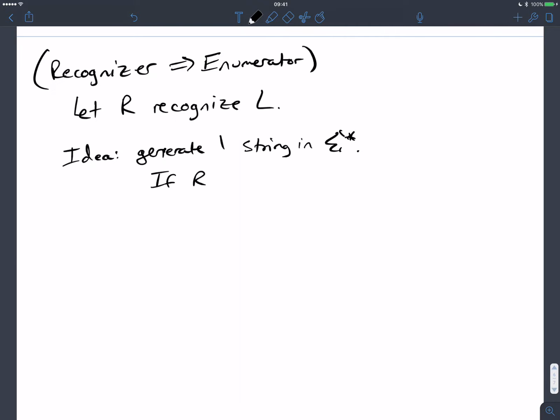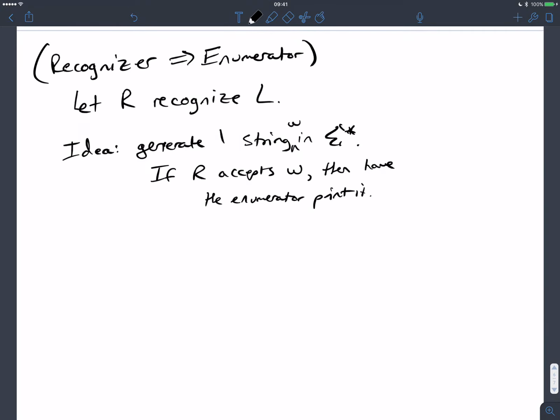If R accepts W, then have the enumerator print it. Certainly if the recognizer says, yeah, I accept that input, then it will be printed on the tape. So it certainly works for the strings in the language L.